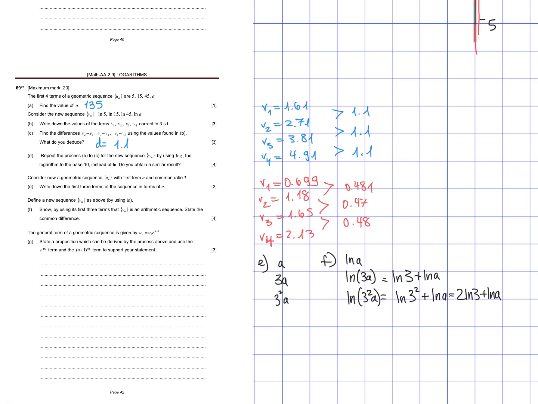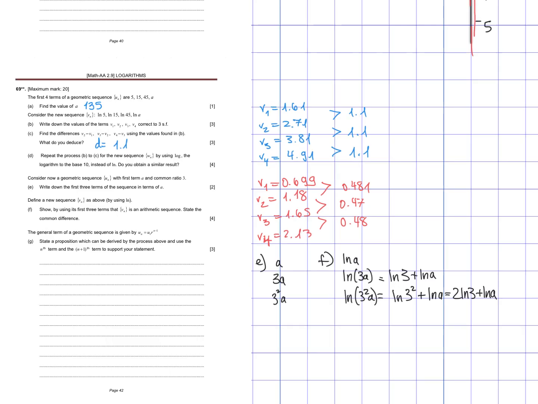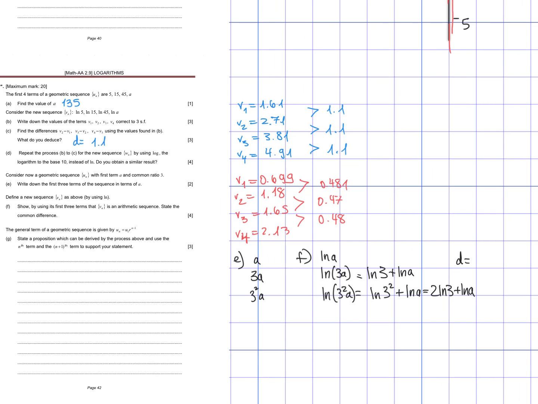And we've done one of these in this packet, so you can see that the difference between each term is natural log 3. Because between the first term and the second term, we're adding natural log 3. And between the second term and the third term, we're adding another natural log 3.